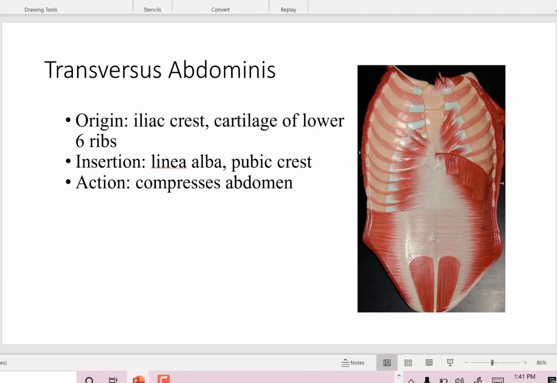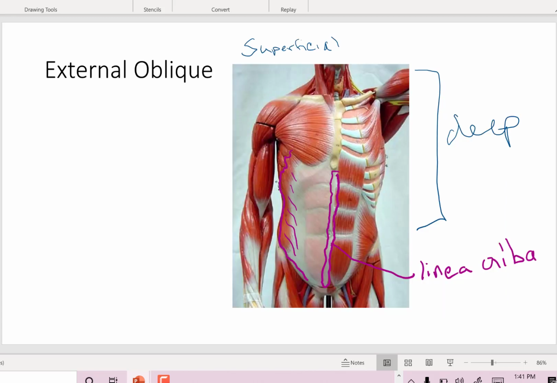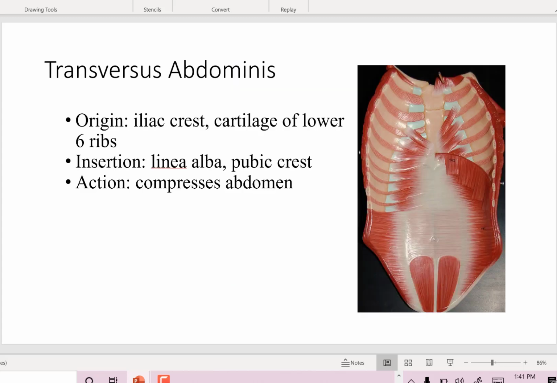To go back up, this torso model, just to highlight it in blue, all of this section can come off of the model, and I can turn it around to show you the underside. And again, we can see the linea alba with the horizontal transverse striations.